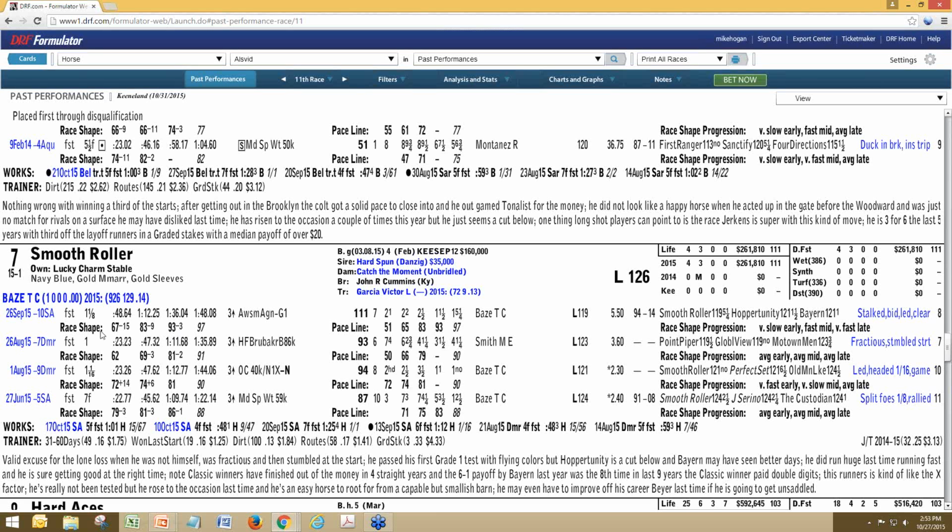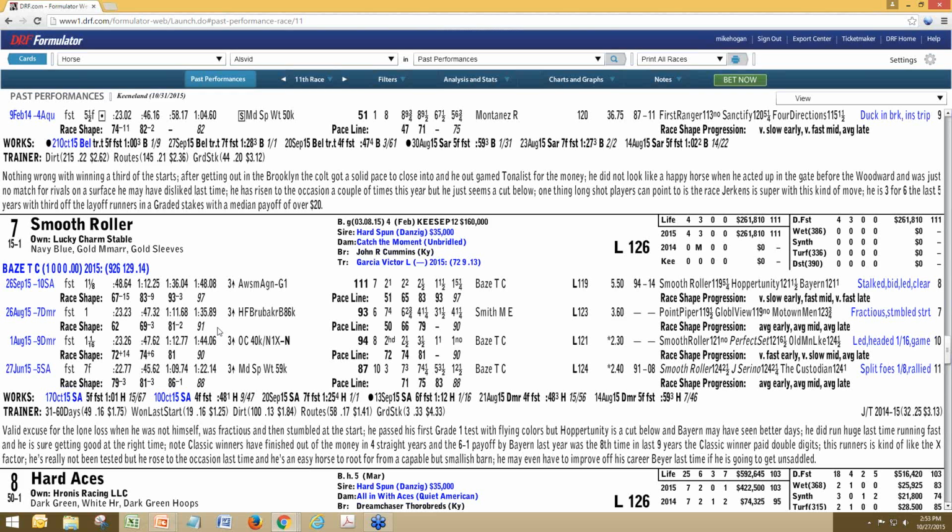For horses of that caliber, they were sleepwalking out there on the front end. And you look at Smooth Roller's race before that in the Brubaker at a mile at Del Mar, and he stumbled at the start, so you can't really get a good feel of that. Before that, an allowance race at Del Mar, 72, 74. Yeah, he's got some tactical speed, but I don't think he's as fast as Beholder.